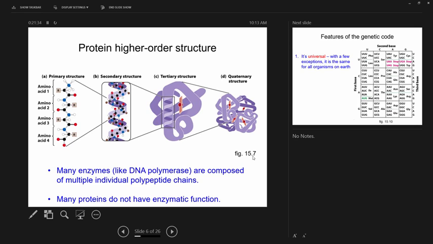Another secondary structure is called a beta sheet. It's flat. Not going to go into too much more of that in this class. Then the alpha helices, turns, and beta sheets go together to form the tertiary structure, which is what one entire protein looks like. It's only one polypeptide chain.